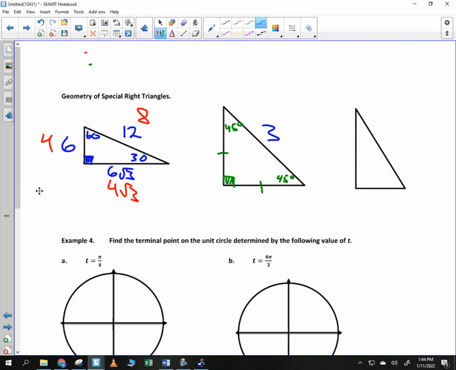So to go from the hypotenuse to the leg, we divide by the root of 2, right? So it'd be 3 over the root of 2. Can you leave it as 3 over the root of 2? No. So you multiply the top and bottom by the root of 2, you get 3 roots of 2 over 2. And this would be 3 roots of 2 over 2 as well. Or 1.5 roots of 2.